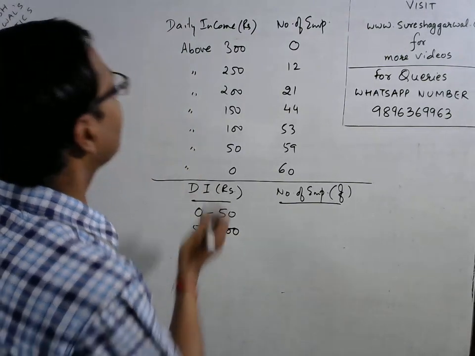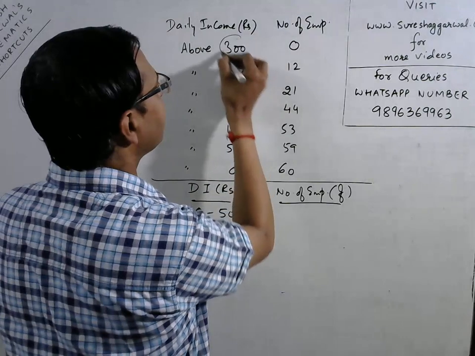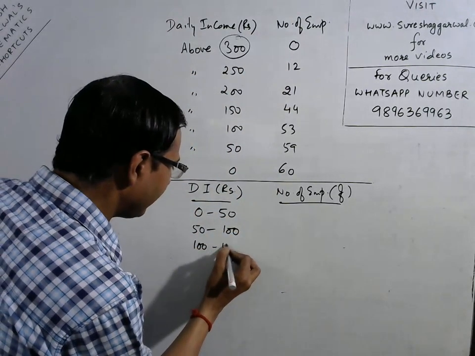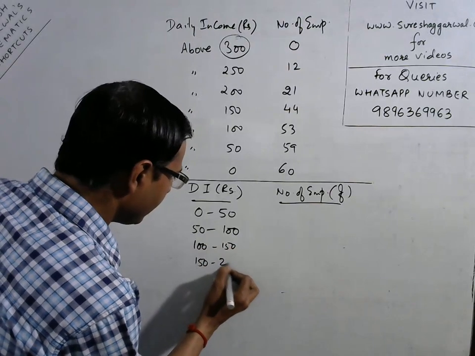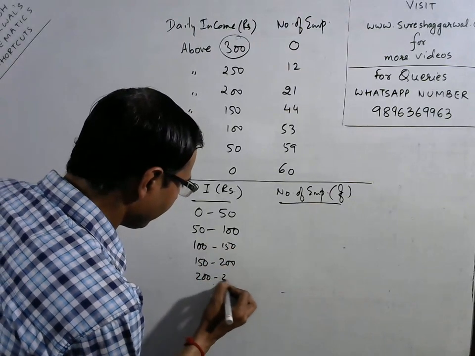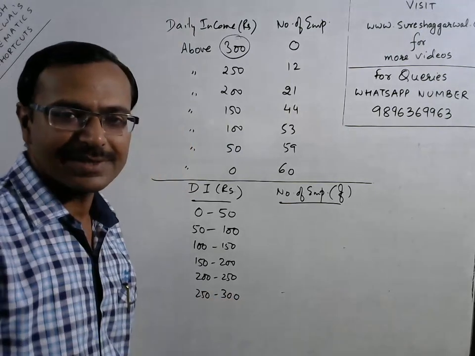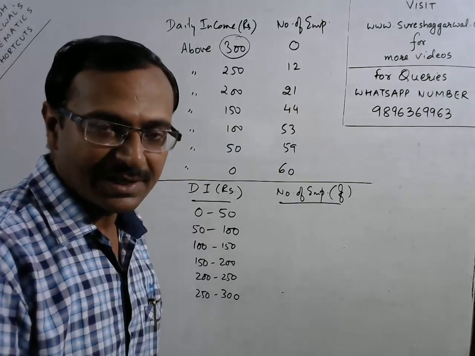And till where you have to go? See, above 300. 300 is your final value. So just keep on writing 100 to 150, 150 to 200, 200 to 250, and 250 to 300. Now this is the continuous class interval.